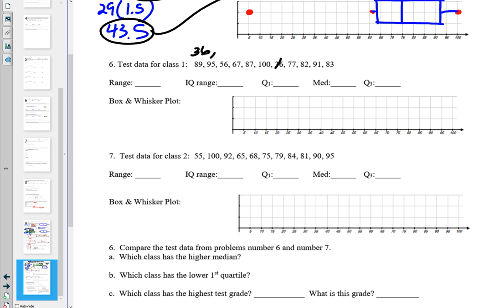Then 56, 67, 77, 82, 83, 87, 89, 91, 95, 100.